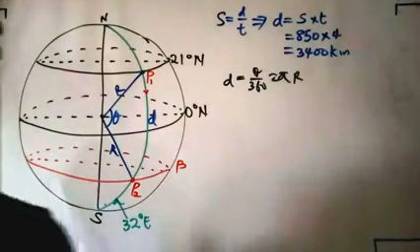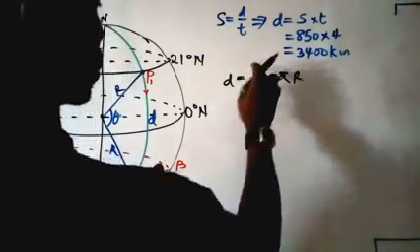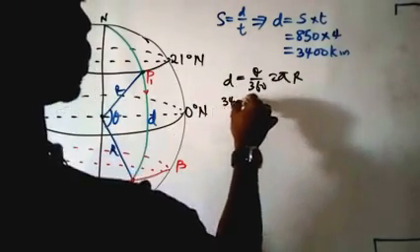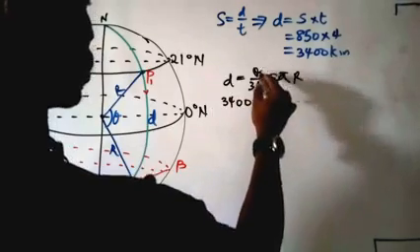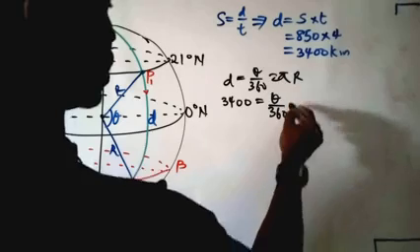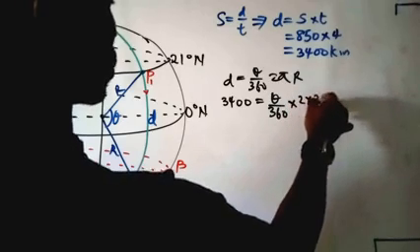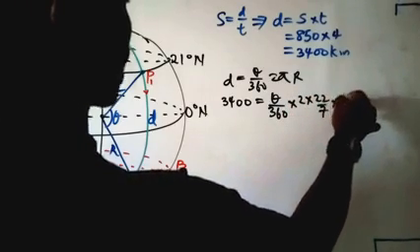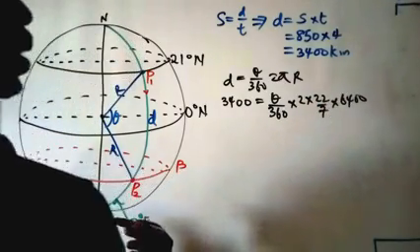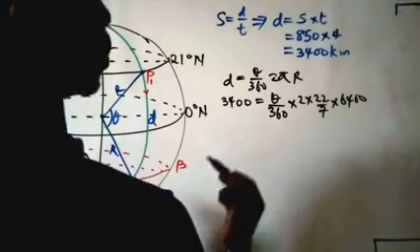Let's try and break everything down in this case. So let's look for this. This distance is now 3,400, which is equal to what I don't know, theta over 360 times 2 times 22 over 7 times 6,400, assuming that is the radius of the Earth.